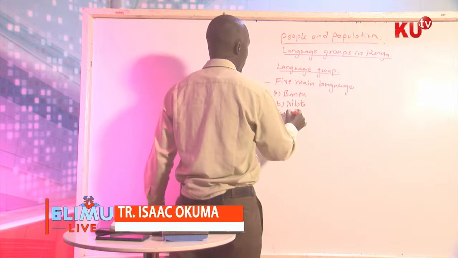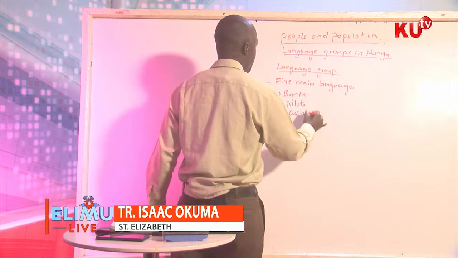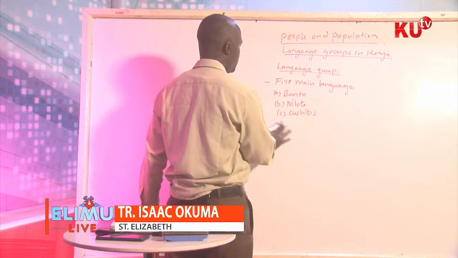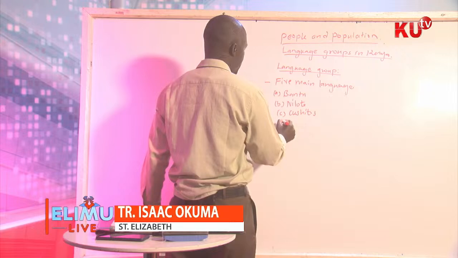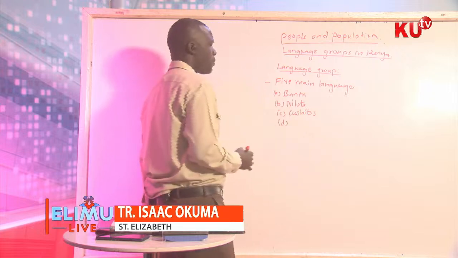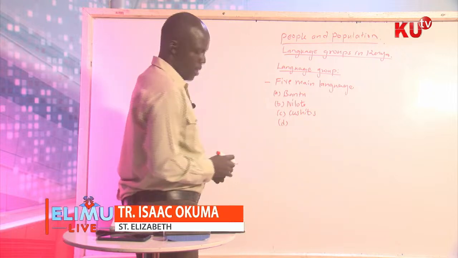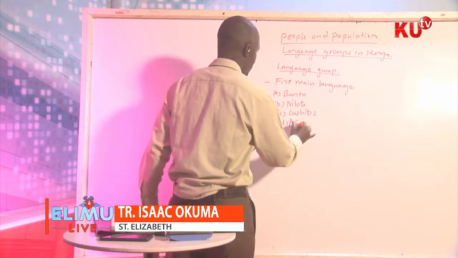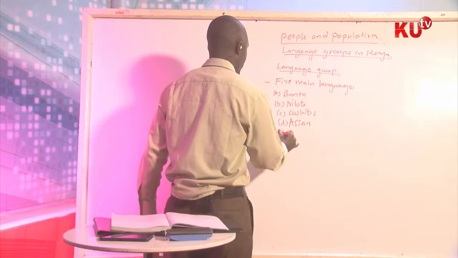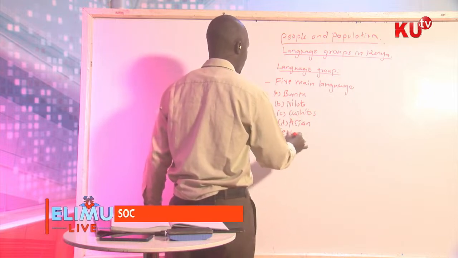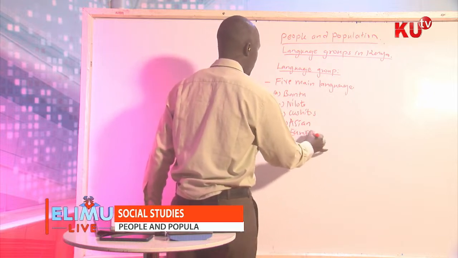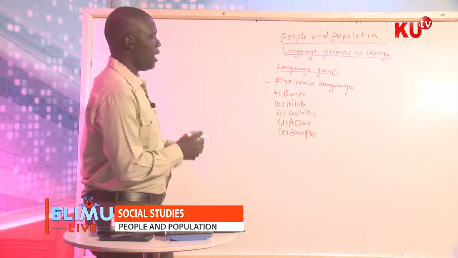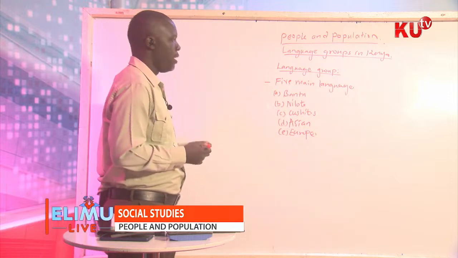C, we have the Kushites. 4, we have the Asian. Then the last one, we have the European. So these are the main language groups that we have in Kenya.